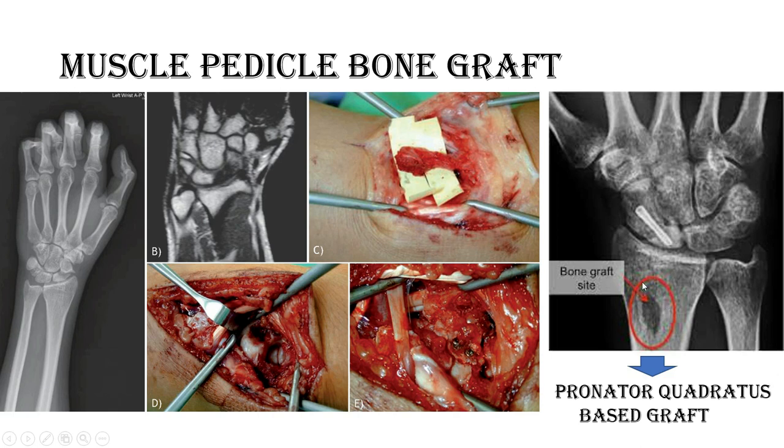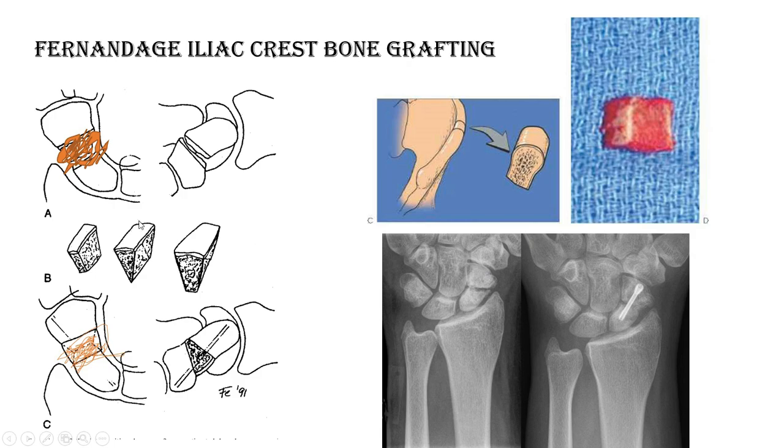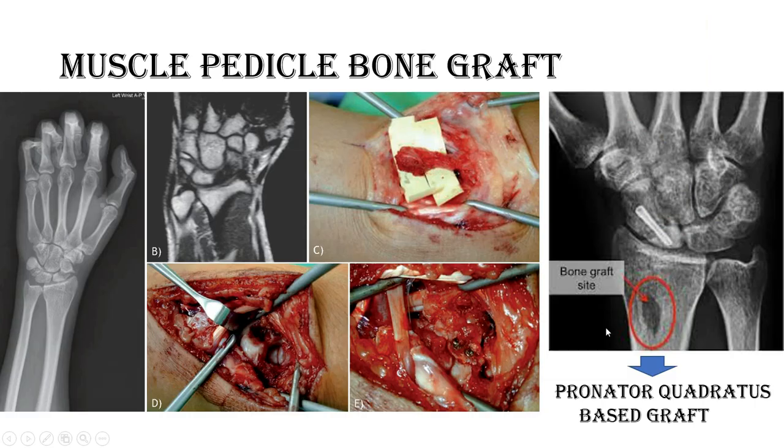Now we will take a bone graft along with some fibers of pronator quadratus, and we will roll it back, and we will put it into the gap after debridement of the non-union site, and we will put a hardware screw like this. So the advantage here is we can get the blood supply.